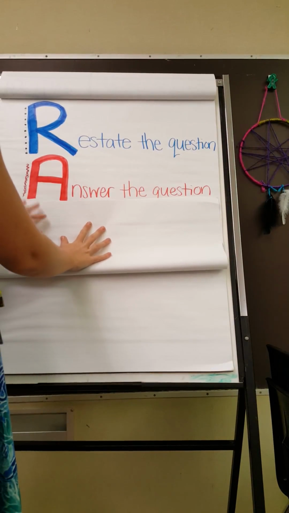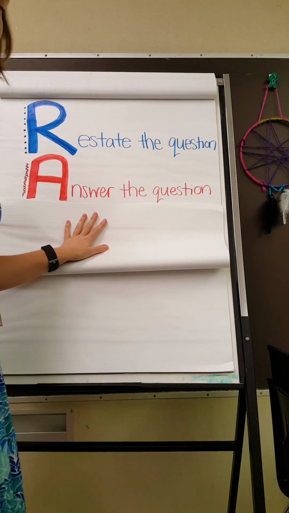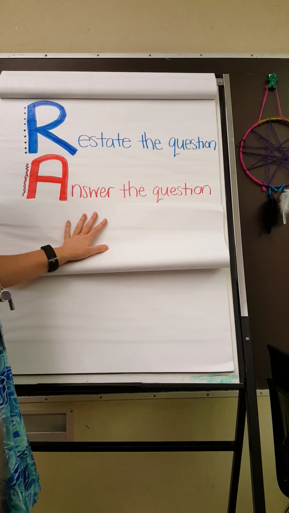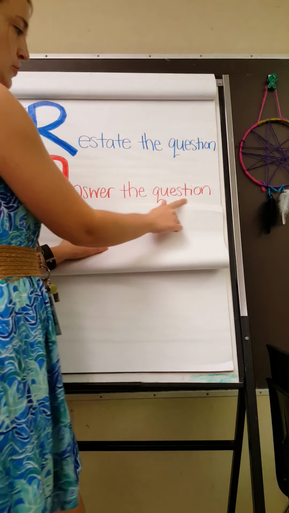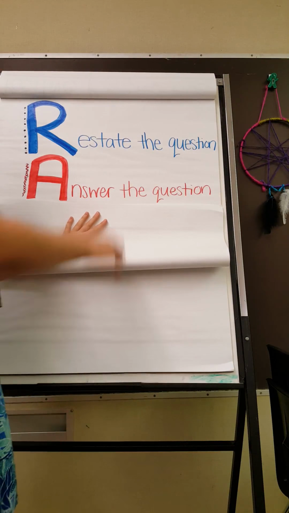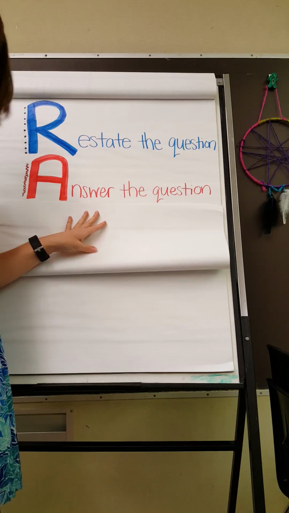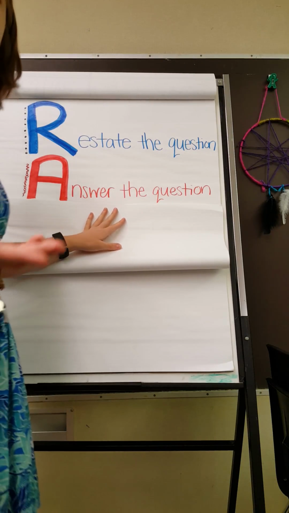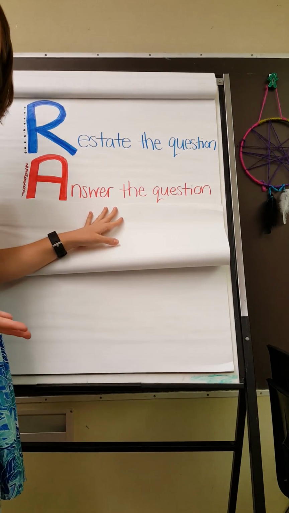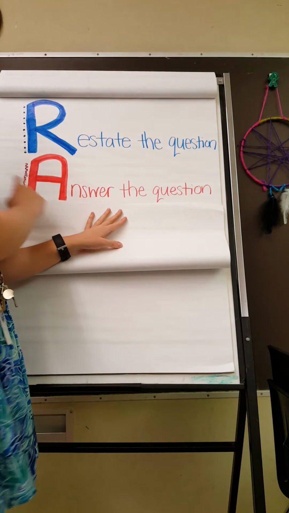The A for RAP method is to answer the question. This is the one that you always want to jump to. Make sure that you restate the question and then you answer the question. We want to make sure that we're restating before we answer because, like in class, when I gave this example, if I asked you all what 2 plus 2 was, and you all were to say 4, okay, you told me the answer.